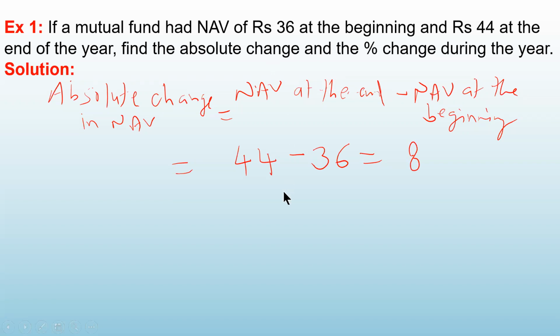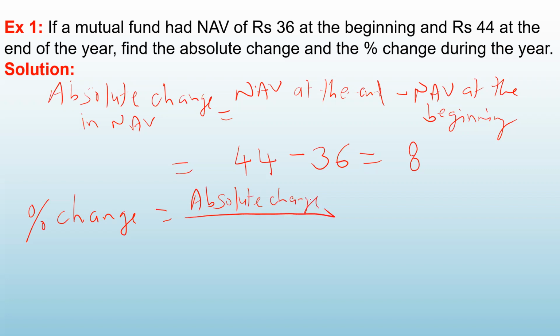Correct? Now find out the percentage change. This is the absolute change. What is the percentage change? Percentage change is absolute change divided by the NAV at the beginning, into 100.